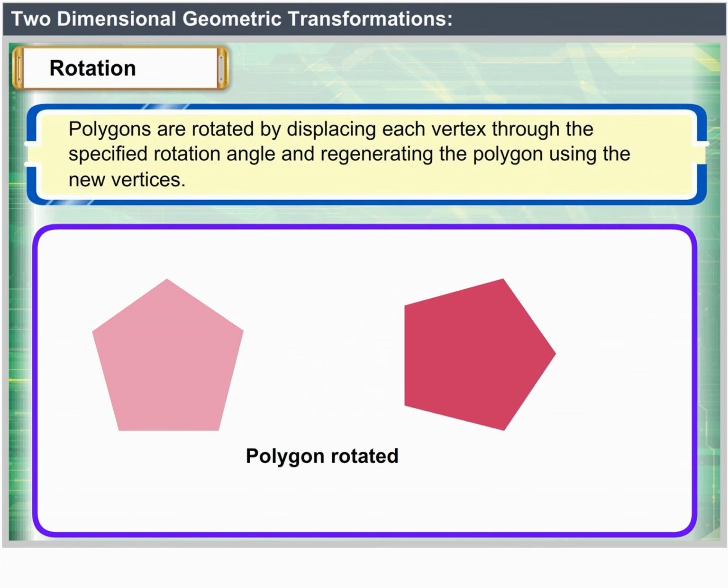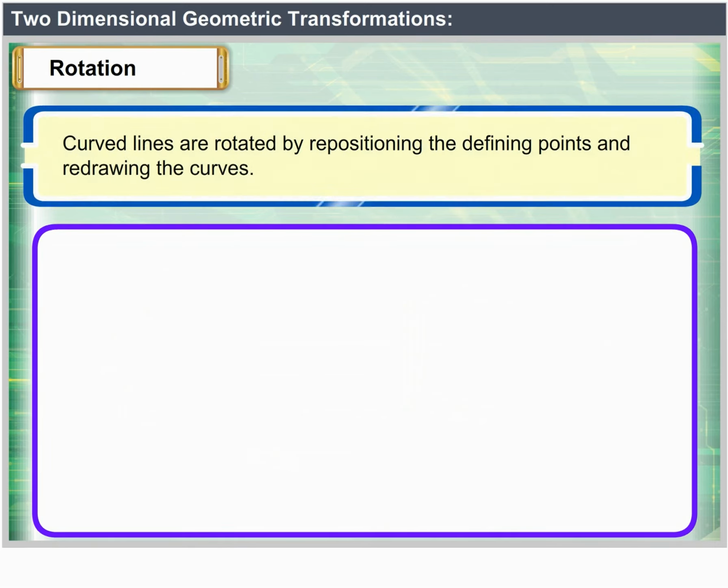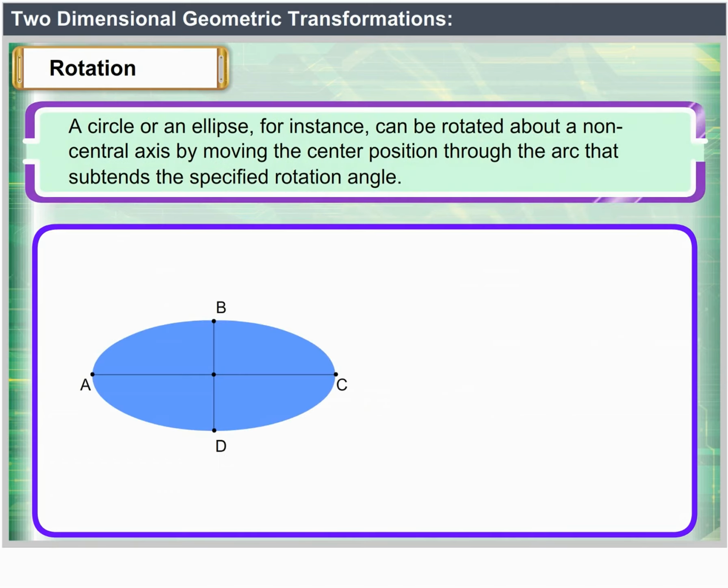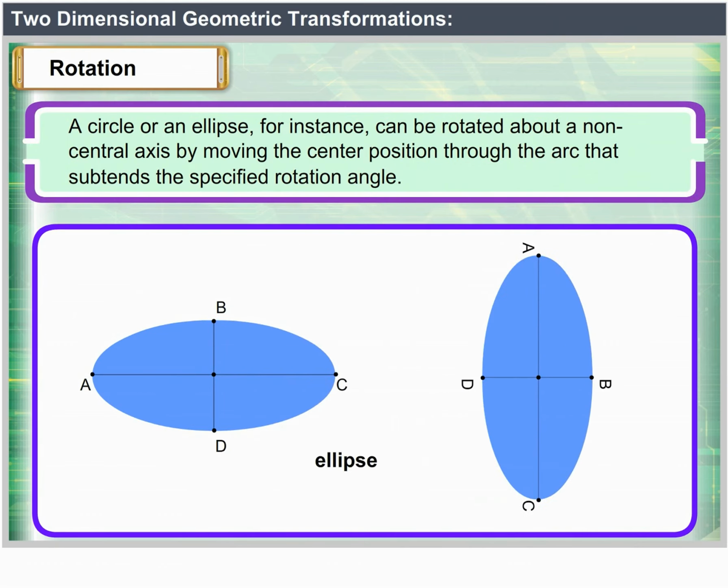Curved lines are rotated by repositioning the defining points and redrawing the curves. A circle or an ellipse, for instance, can be rotated about a non-central axis by moving the center position through the arc that subtends the specified rotation angle. An ellipse can be rotated about its center coordinates by rotating the major and minor axes.